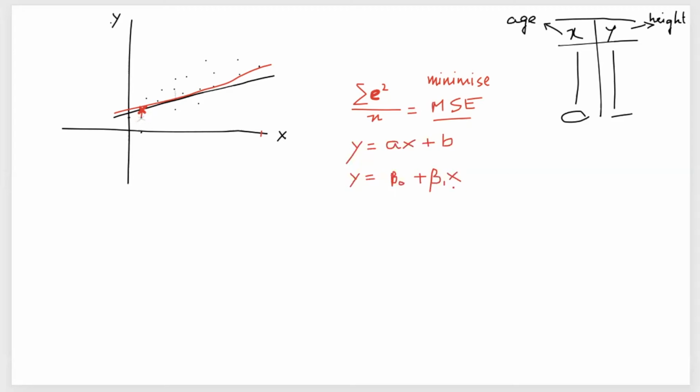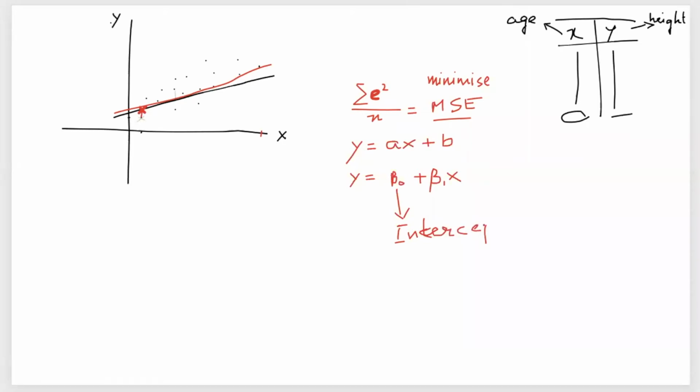Now here, a few things are very significant. One is that this term is known as the intercept. It will become clear why they write it like this. It will become very clear very shortly.